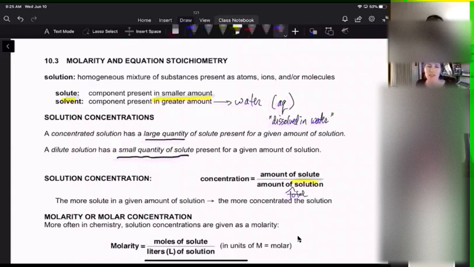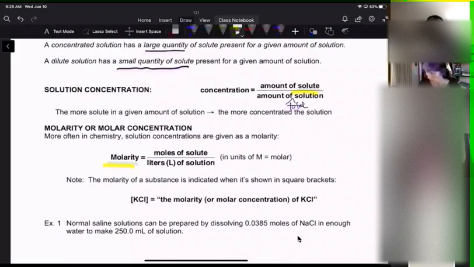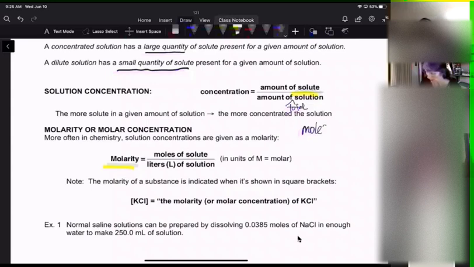So there are a lot of different units for concentration. We're going to focus first on the easiest one for chemistry, and that is molarity. Molarity is moles of solute out of liters total solution.